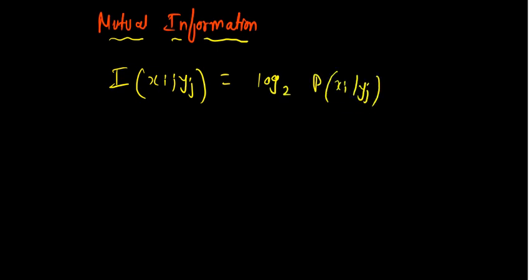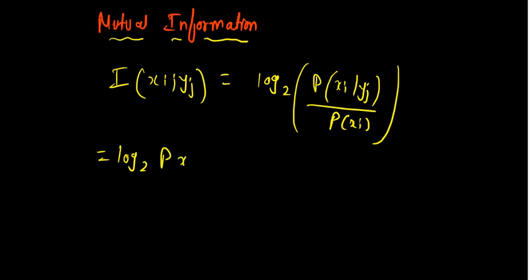Again I am writing the mutual information definition from where we started with our intuition, that it is given by log to the base 2 of p of xi given yj upon p of xi, right? Now using the logarithm properties, we can write this as log to the base 2 of p of xi given yj minus log to the base 2 of p of xi.